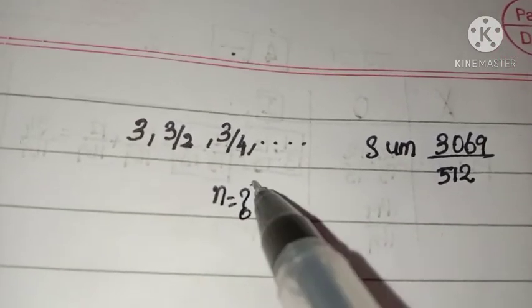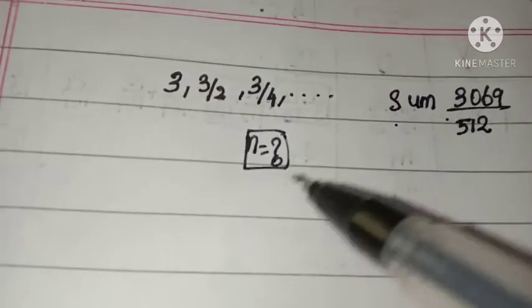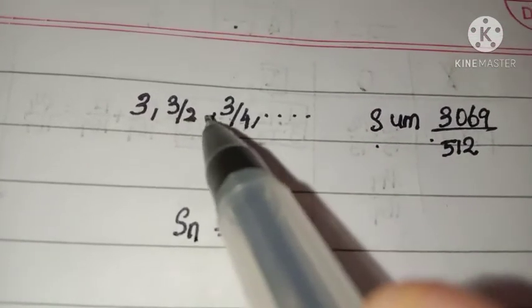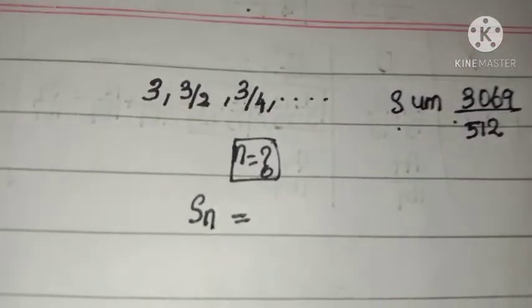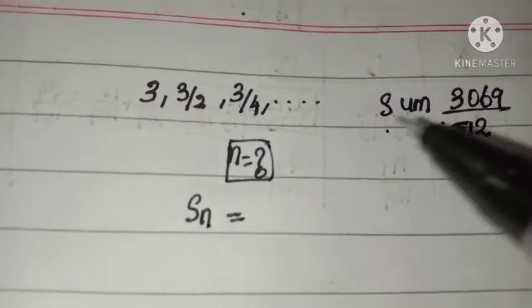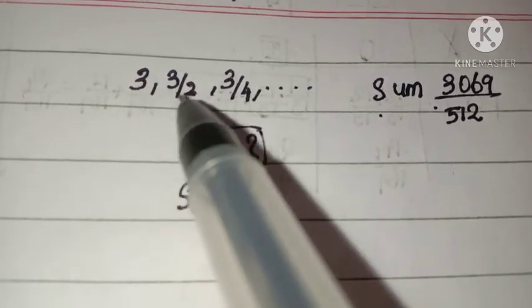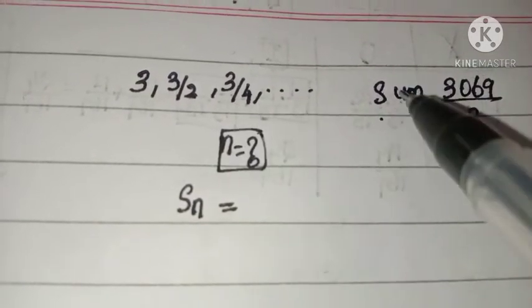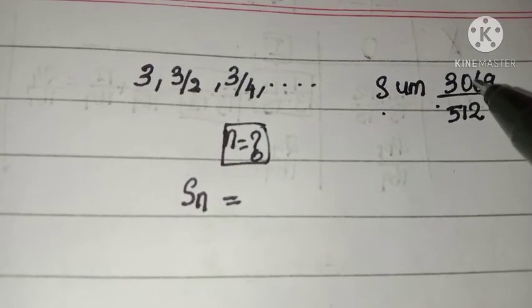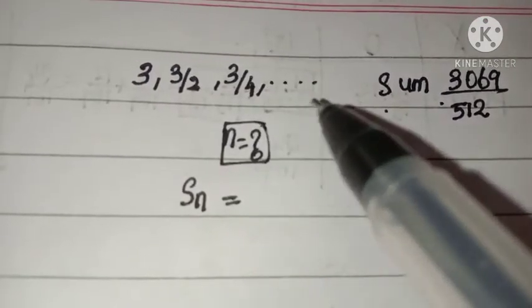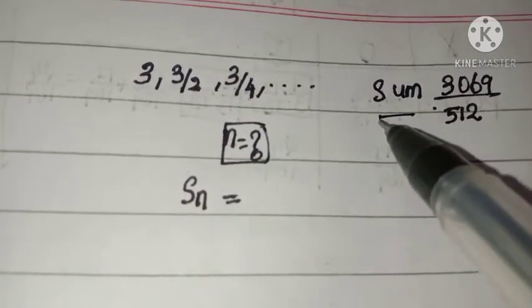Here the sum is given. So to get Sn, there are two formulae. Let's see this question. We have a GP 3, 3 by 2, 3 by 4, etc., and in the question the sum is given.